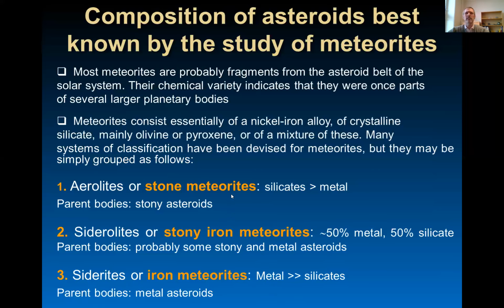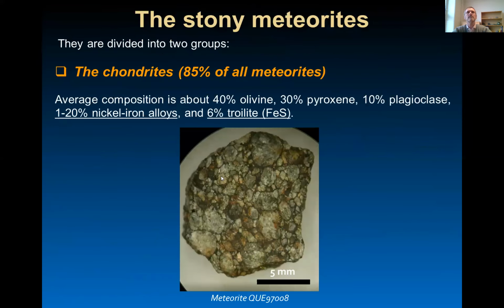So let's look in detail at these meteorites to assess the resources in asteroids. First, the stony meteorites. They can be further divided into two groups. The first one, the chondrites, they represent 85% of all meteorites found on Earth.